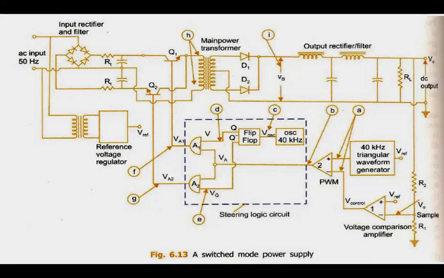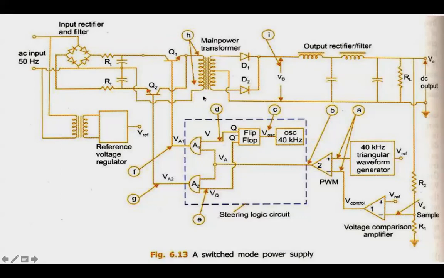Okay. So in this switched mode power supply, there's a lot of complexity involved, where you can see that the AC input is there, and then you have the full wave rectifier here. These are 4 diodes, which means rectification is happening at the positive cycle and at the negative cycle of the sine wave.